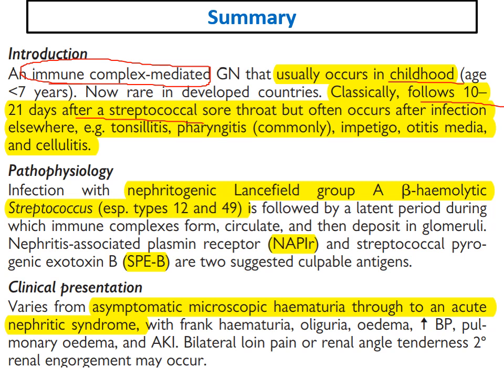The pathophysiology follows streptococcal infections, especially the nephritogenic strains and nephritogenic antigens, especially the nephritis-associated plasmin receptor and streptococcal exotoxin B. The main clinical presentation in children is a typical nephritic presentation, while adults have a much higher incidence of complications, and can have nephrotic presentation in 20% and congestive heart failure.